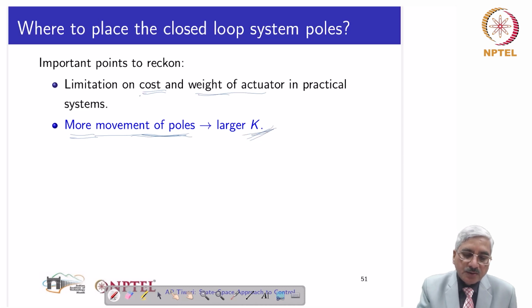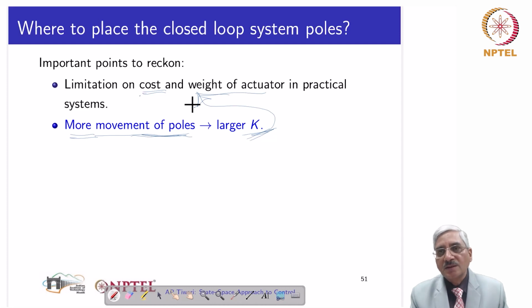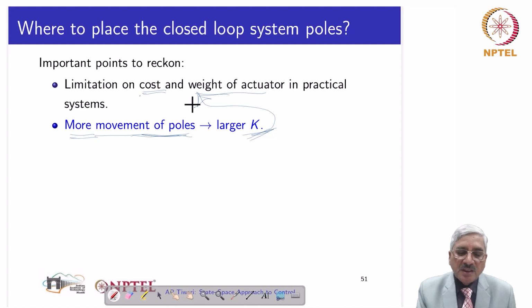This translates to larger cost and weight of the actuator. And many times we may not be able to change the actuator, as the given physical system may be unalterable. So it will mean saturation of the actuator: the actuator will saturate at a smaller deviation of states from their equilibrium or normal values.